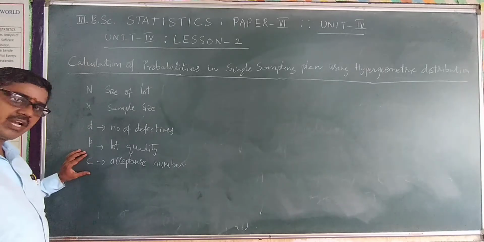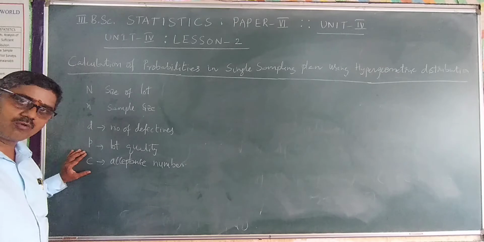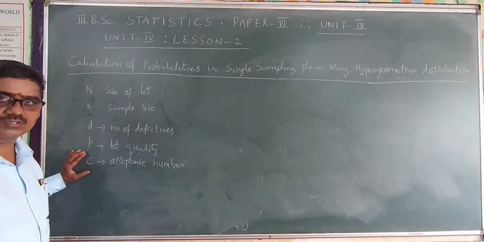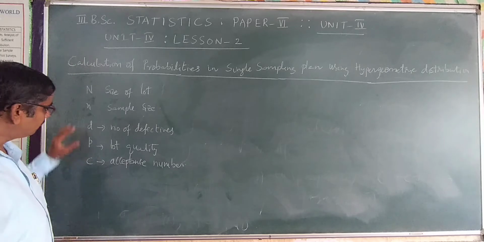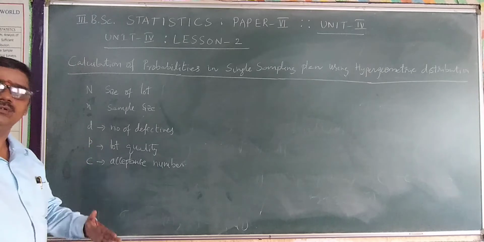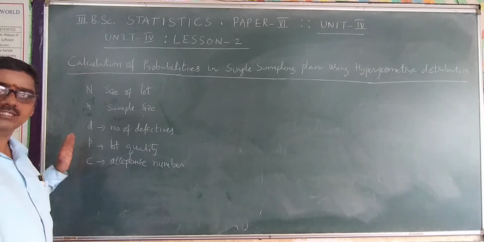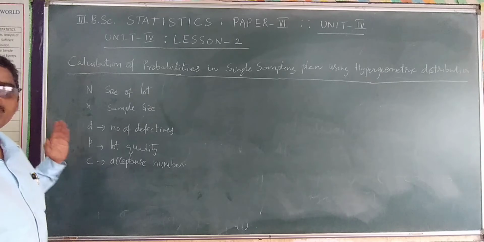If d is less than or equal to c, the acceptance number, then we accept the lot. Otherwise we reject the lot.